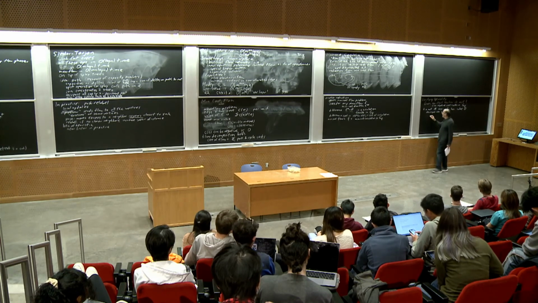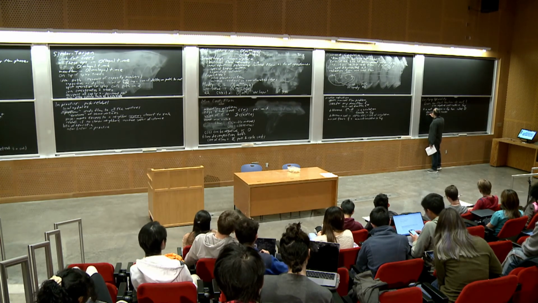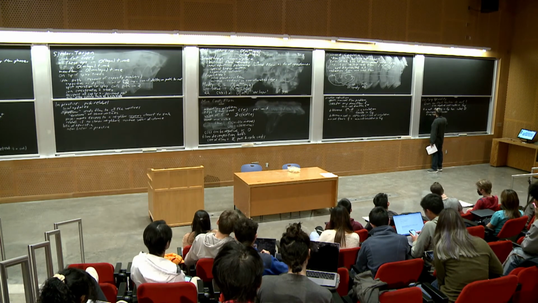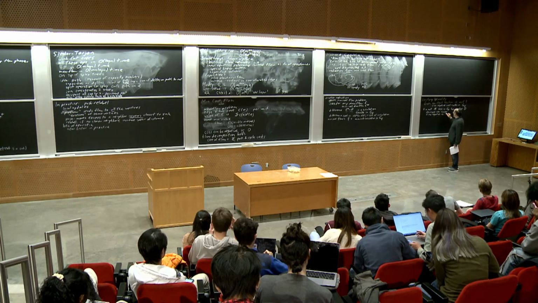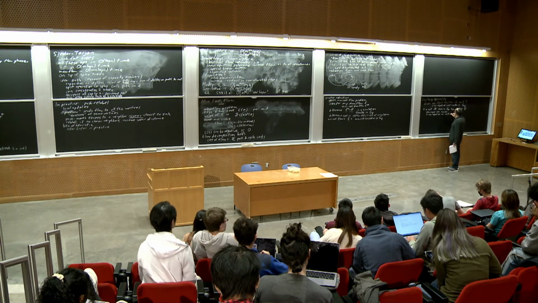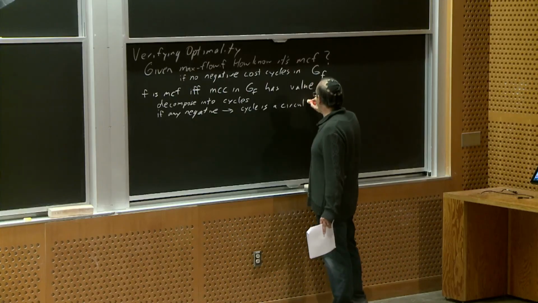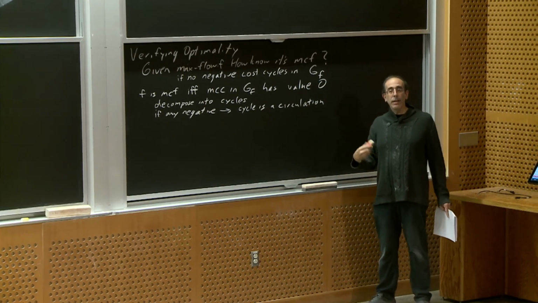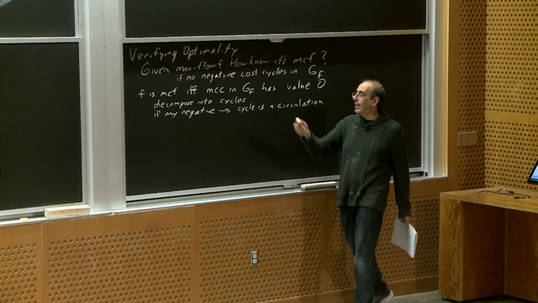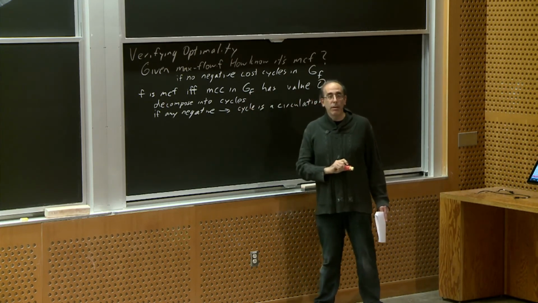Right, right. If any are negative, then that gives me a single cycle, which is a circulation. And so you could use that negative cycle to create a negative cost circulation, which would violate the optimality of your flow.